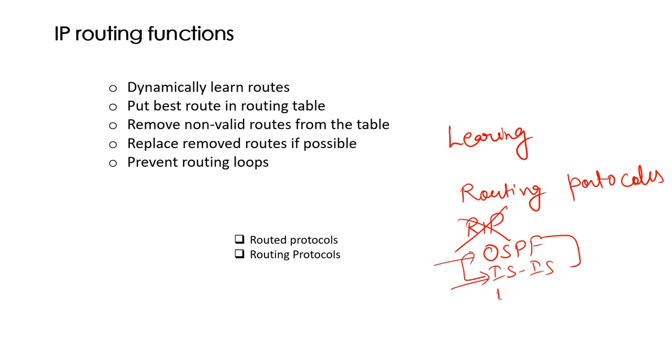Then, as I told, EIGRP used to be Cisco proprietary, I think up to 2013, and after that it was made an open standard, but most companies still do not use EIGRP. Some companies, like Netflix, still use it. So it depends.